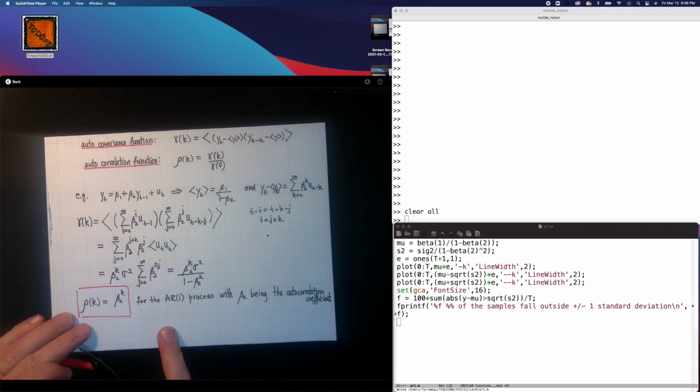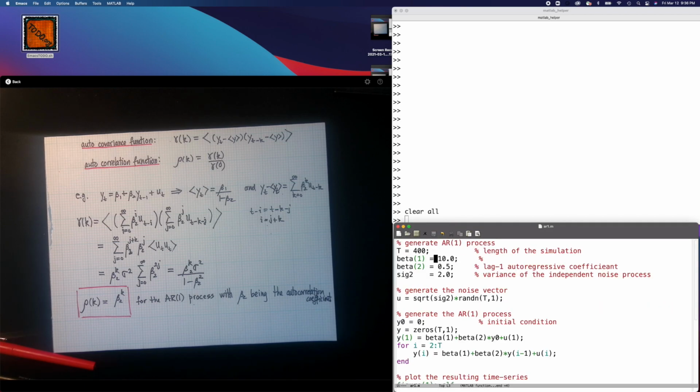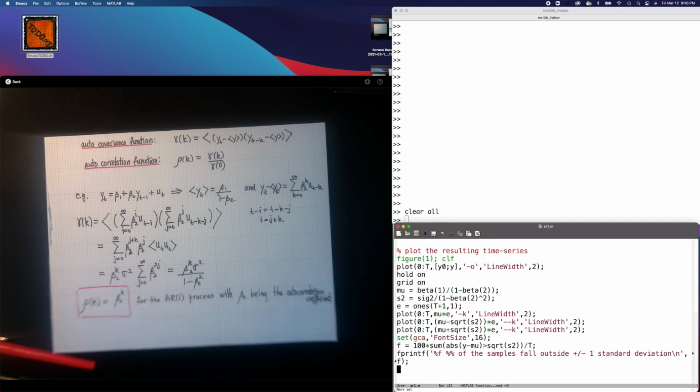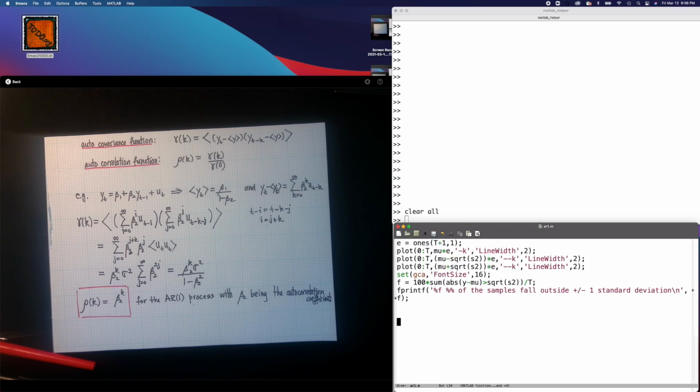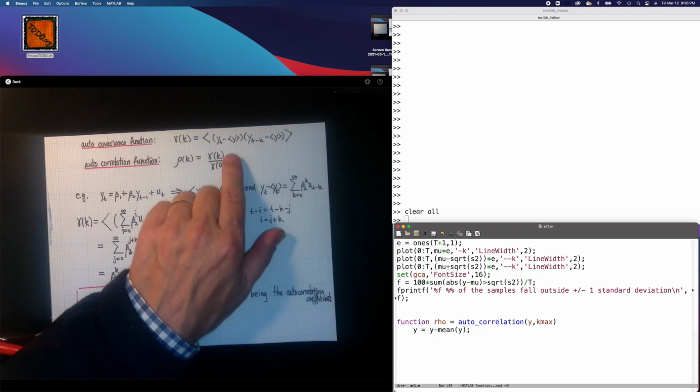Let's try it out in MATLAB and see if this works out. Let's start off with the pure noise time series. And now we'll write our autocorrelation function. We have to make sure that we've subtracted the means from our time series.